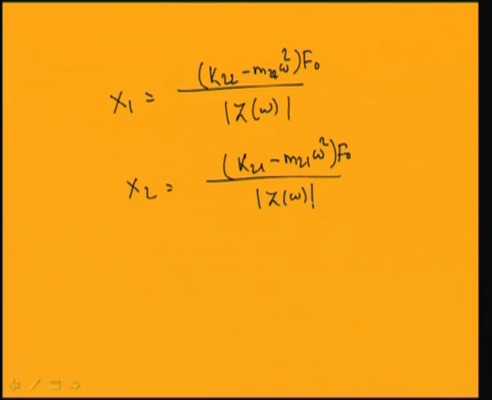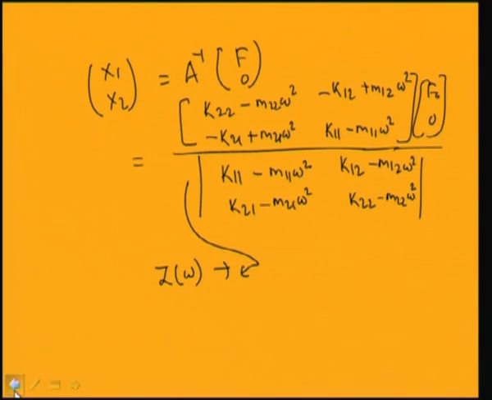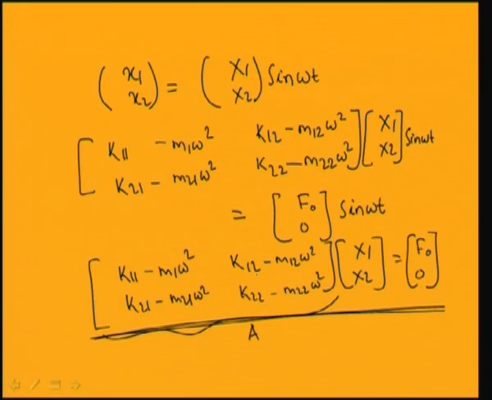So in this way you can find x1 x2, or you may find this by using Cramer's rule in this equation. When you use Cramer's rule, for x1 you replace this column by f0 0, so it becomes the determinant with f0 0 and the other two terms remaining the same, divided by the determinant of A. Similarly, for x2, you replace the second column by f0 0.